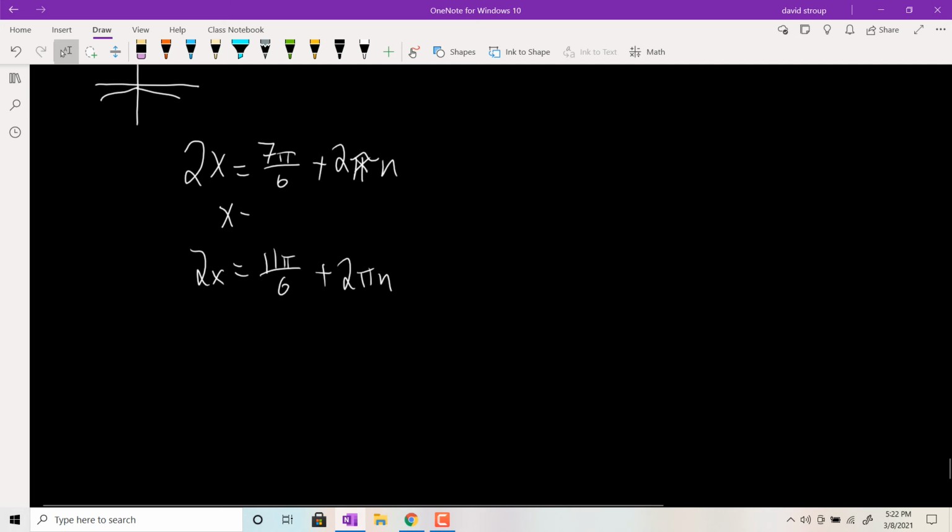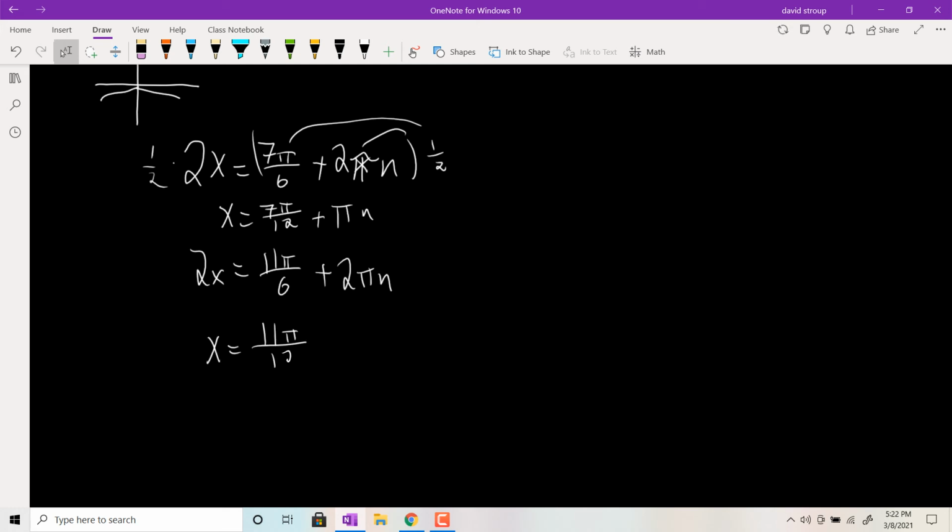So anyways, this will be x equals 7 pi over 12 plus just pi n, because you're multiplying both sides by 1/2, and then this one is x equals 11 pi over 12 plus pi n. Okay. So your first solution is 7 pi over 12 plus 0 pi's. Then your second solution will be 7 pi over 12 plus 1 pi, which is 7 pi over 12 plus 12 pi over 12, which is equal to 19 pi over 12.